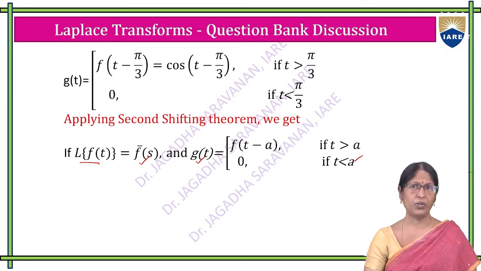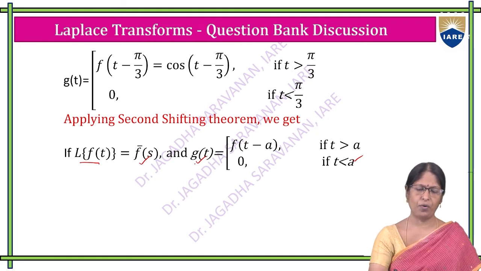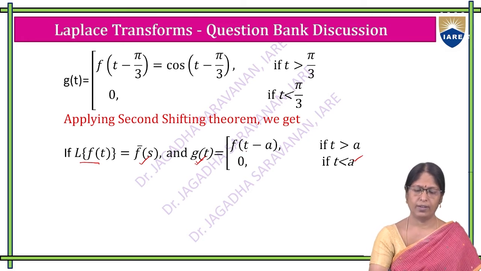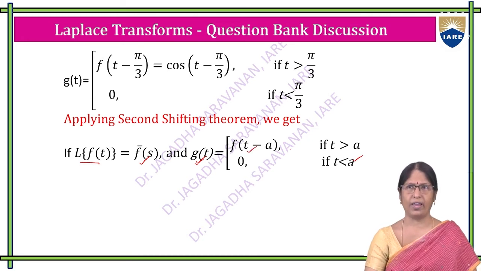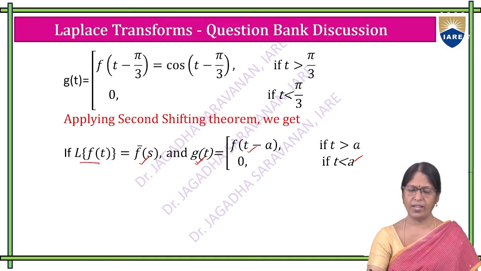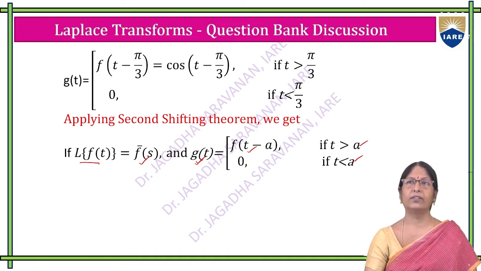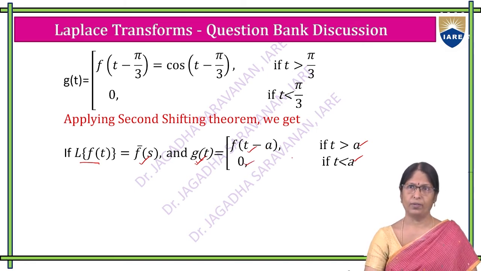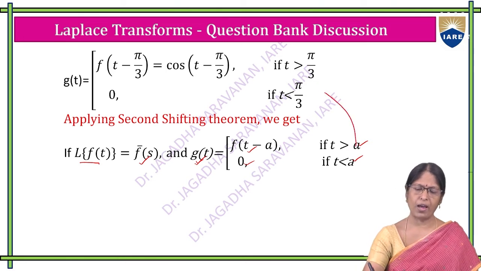The g of t is defined in such a way that it is f of t minus a if t is greater than a, and 0 if it is less than a. Yes, we will compare to this.